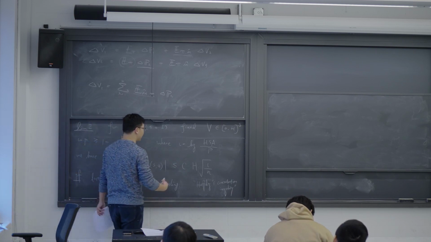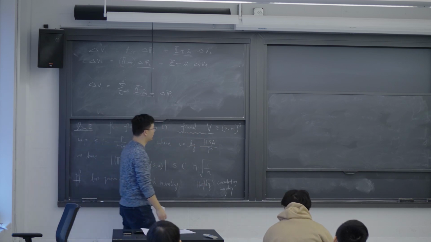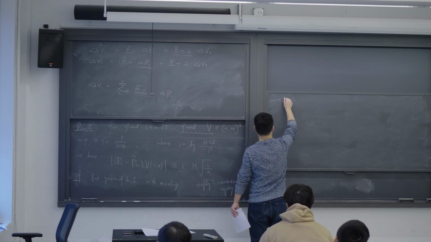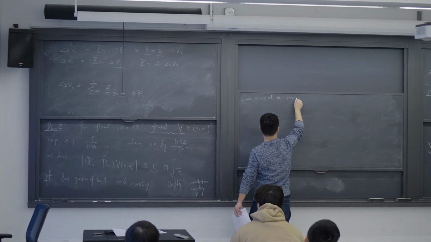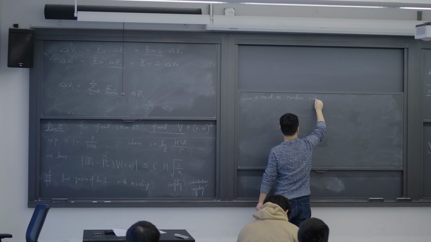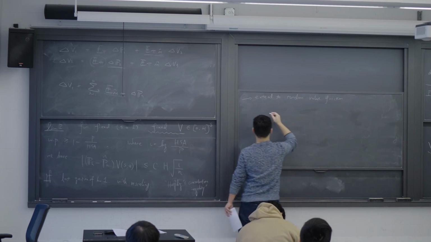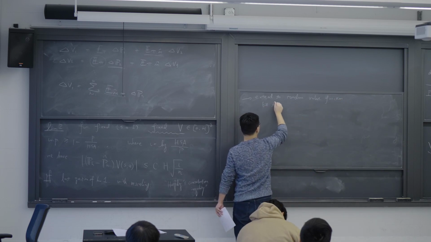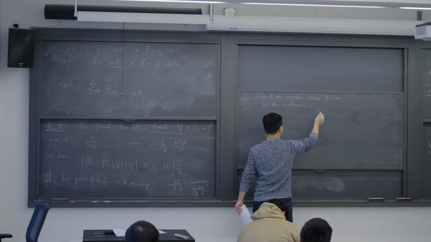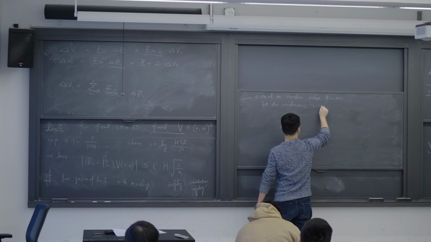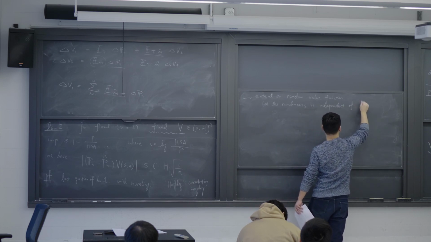So I think the key thing here is we only do this for a fixed value function, or this can be extended to a random value function, but the randomness needs to be independent of p hat.